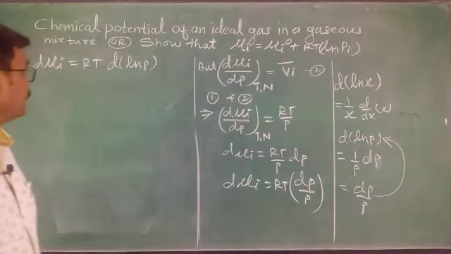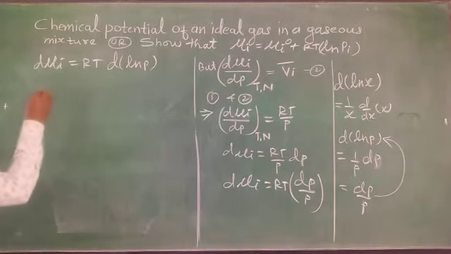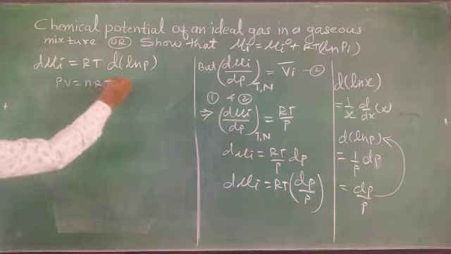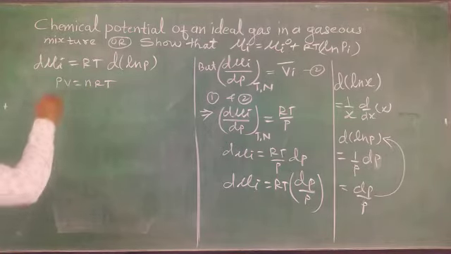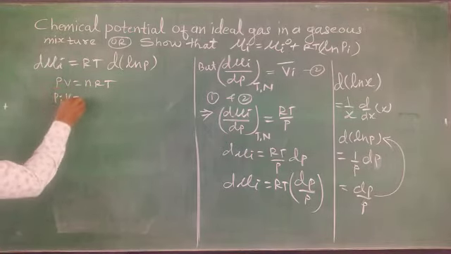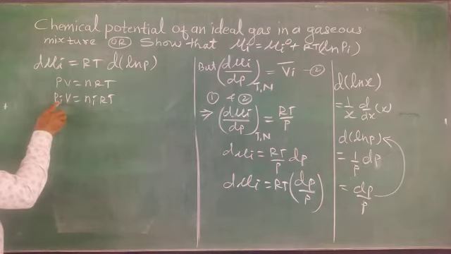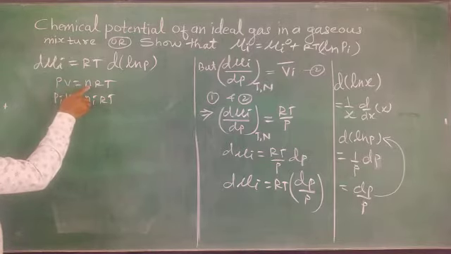Now further solve it. In order to find the derivative of ln P, you know the ideal gas equation is PV equals nRT. For the ith component, Pi is the partial pressure, so Pi V equals ni RT for the ith component. Here Pi is the partial pressure, and here P is the total pressure.